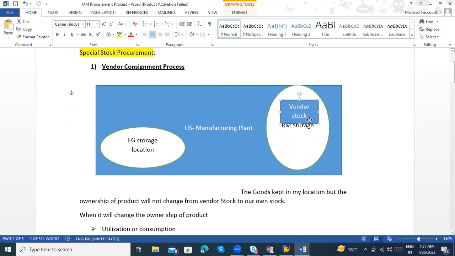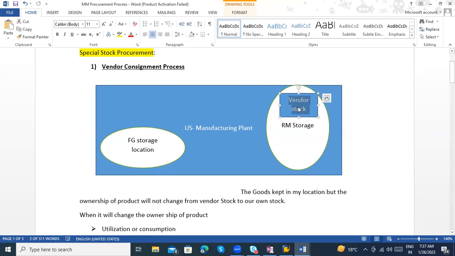And in my raw material storage location, I'm giving space to the vendor to keep the stock in my premises. Even when we receive the stock, it is not my own stock. It is the vendor's own stock. So the ownership will not be changed.